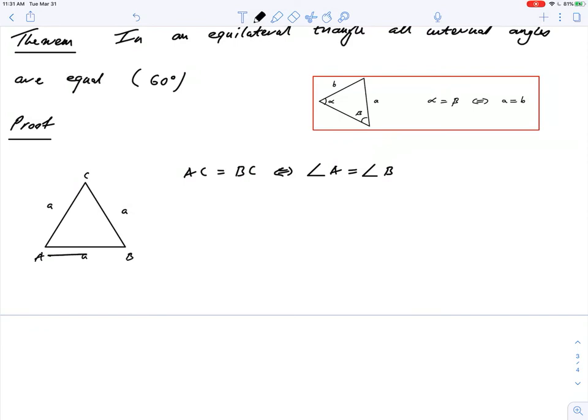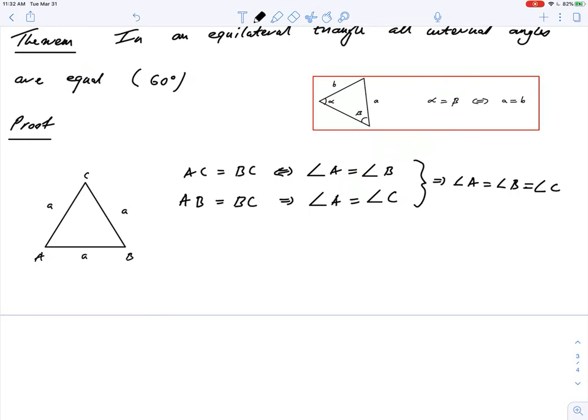What else do we have? Well, we could do it with this and this. So AB is equal to BC as well. That implies the angle at A is equal to the angle at C. They're all the same. Very nice.